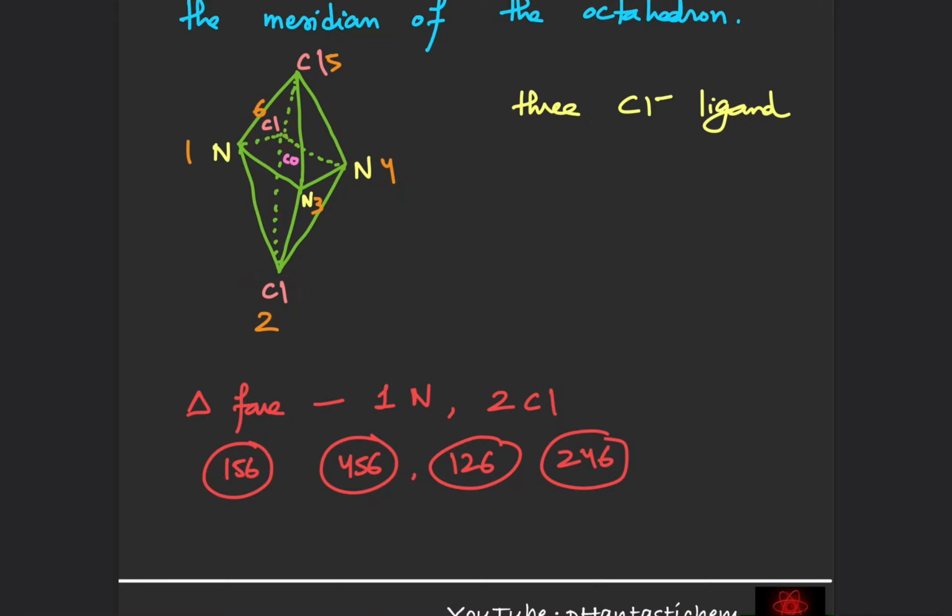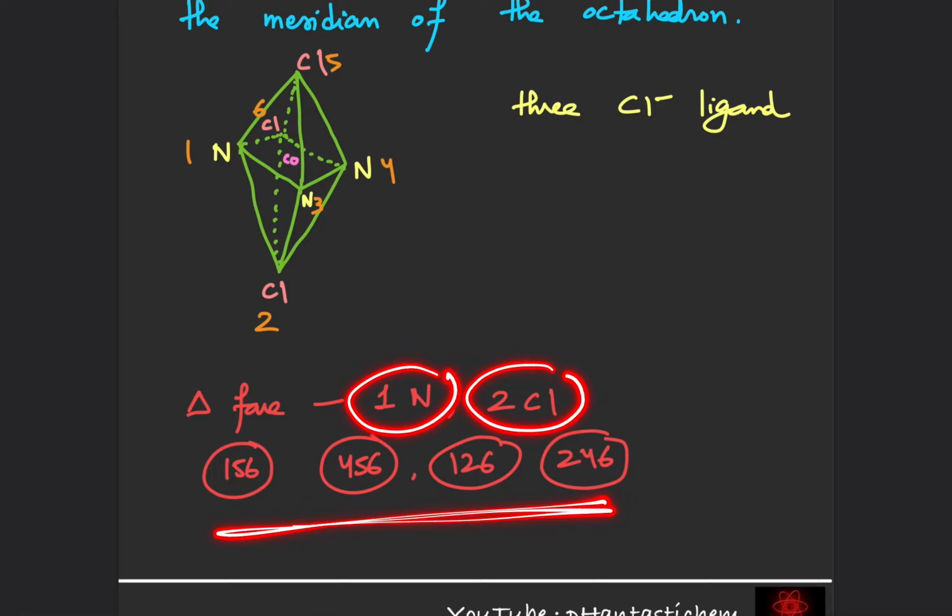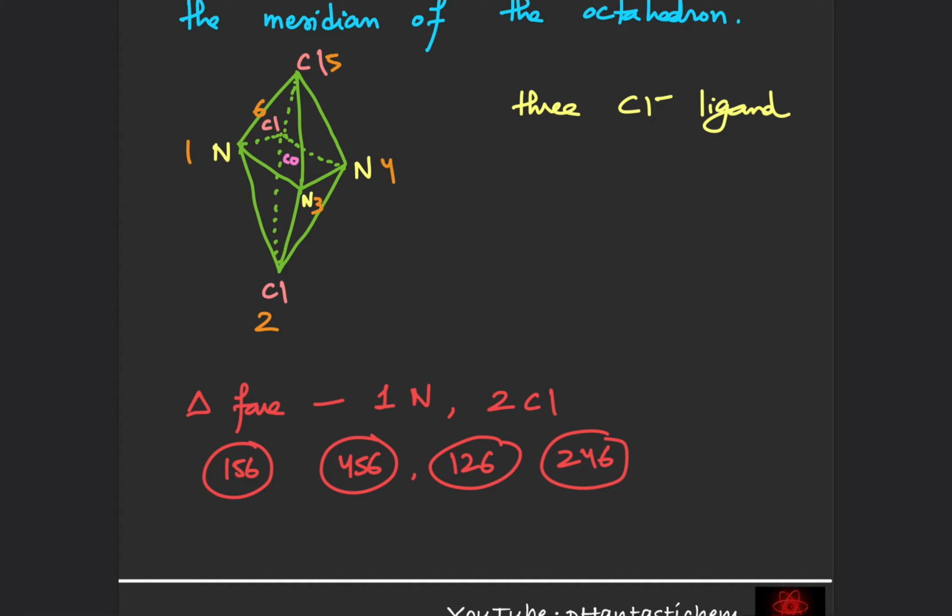These faces satisfy the criteria of having one nitrogen and two chlorine. Therefore, mer-[Co(NH3)3Cl3] has four such faces.